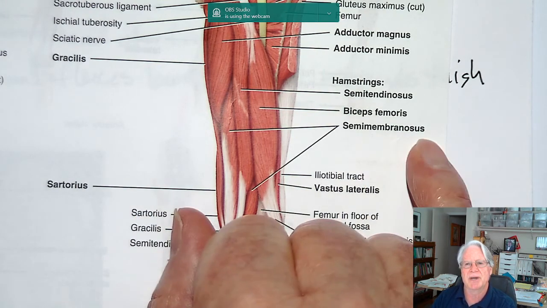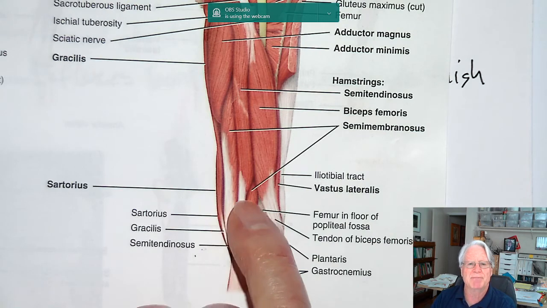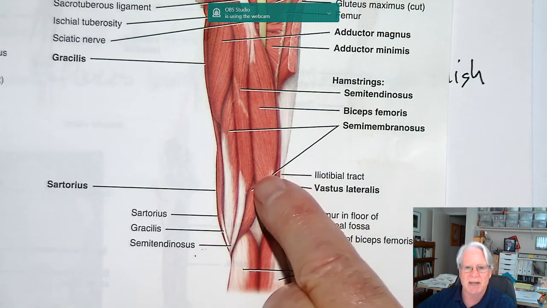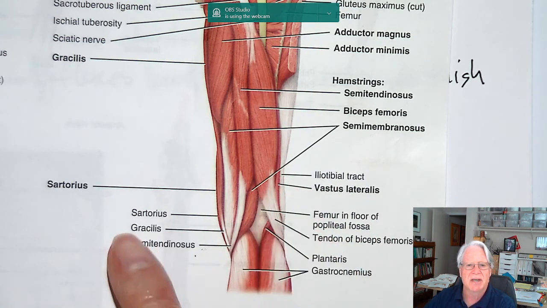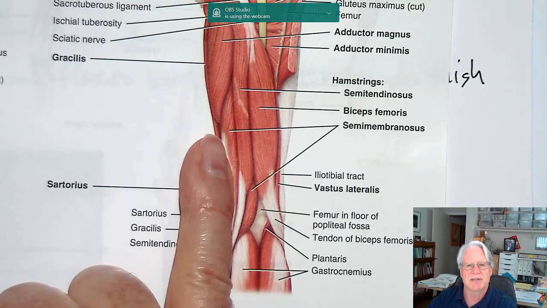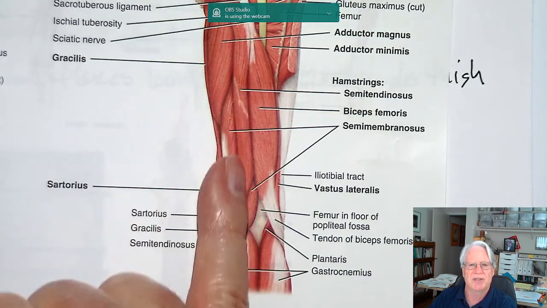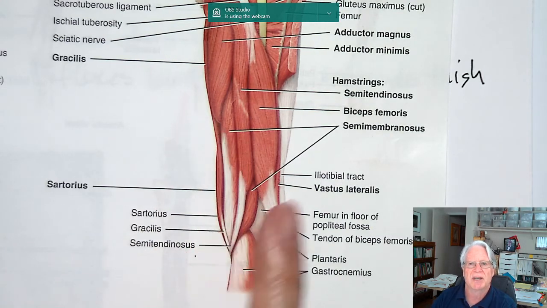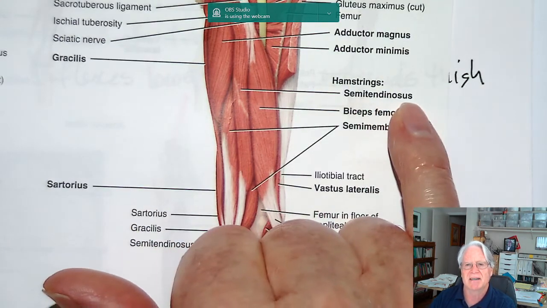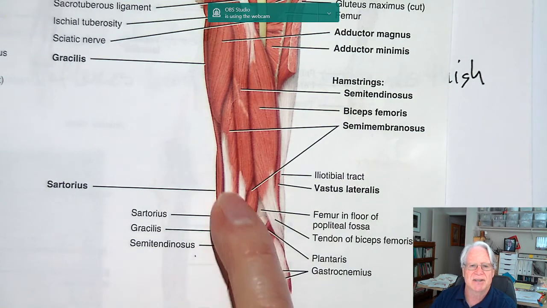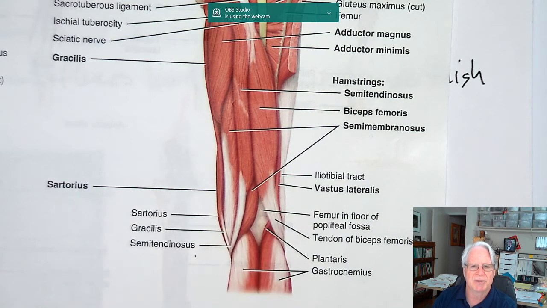You see the word membrane in that. This is a very flat muscle, and so you're seeing it on both sides, here and here. It's a very flat muscle. And the tendinosus is more of a straight string-like or rope-like muscle, more tendon-like, and that sits on top of the semimembranosus.